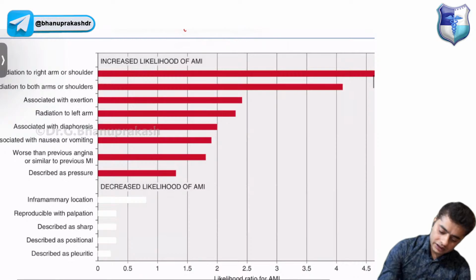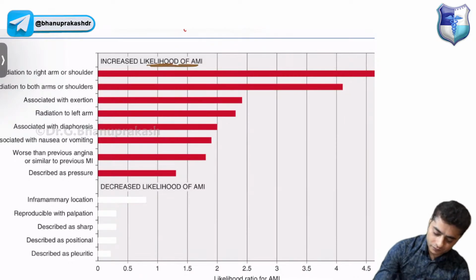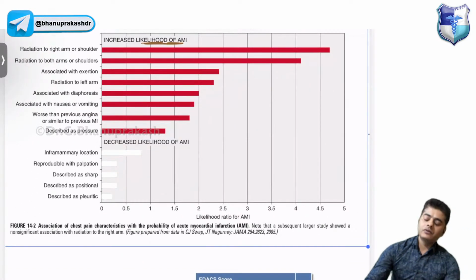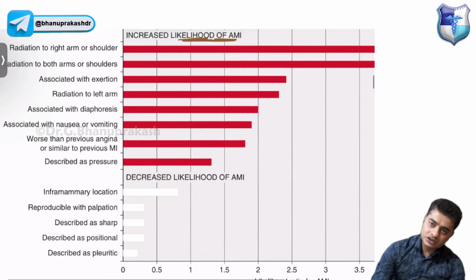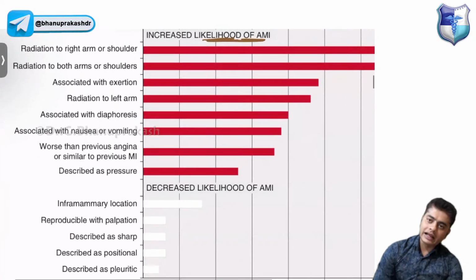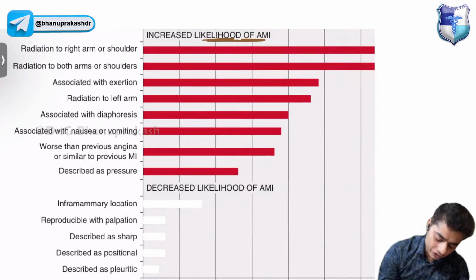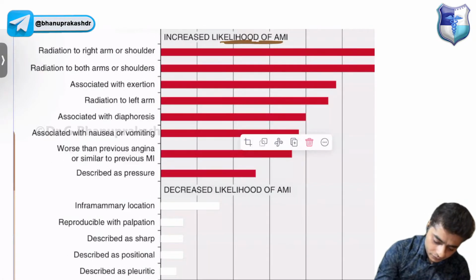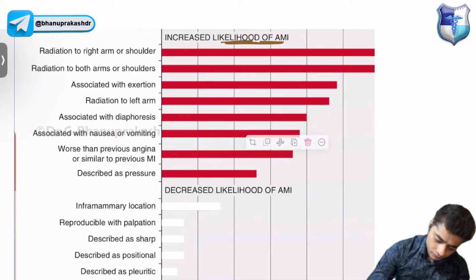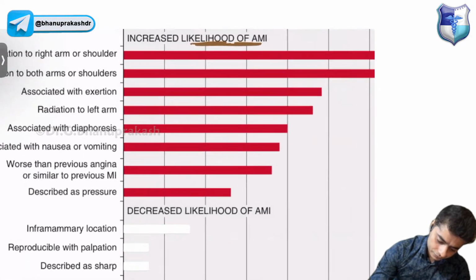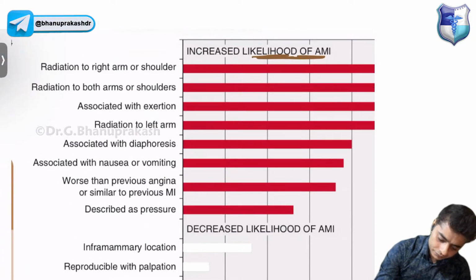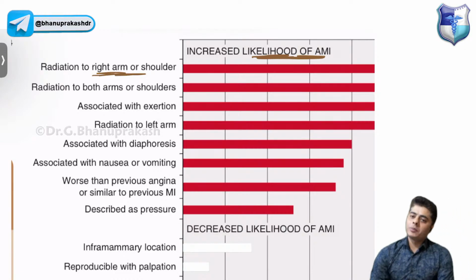now we will come to likelihoods of MI. Now, in this trial, because we know that cardiac pain radiates either to the jaw, to the left hand, or to the right hand, this is a trial which tells us about the likelihood of MI pain. In this, you can see that radiation to the right arm or shoulder carries maximum likelihood.